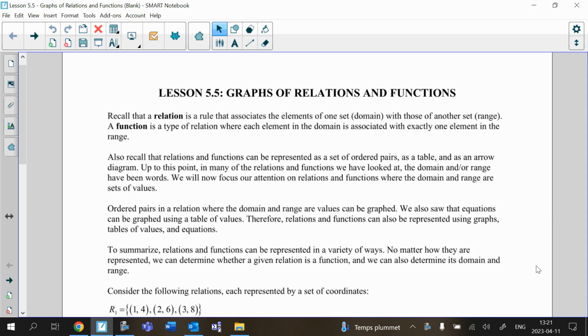So we've been talking about what functions are. We've been talking about properties of functions like domain and range, okay? And we've looked at functions and relations in different forms. Like you could be given a set of ordered pairs and asked to find the domain and range and state whether or not it's a function.